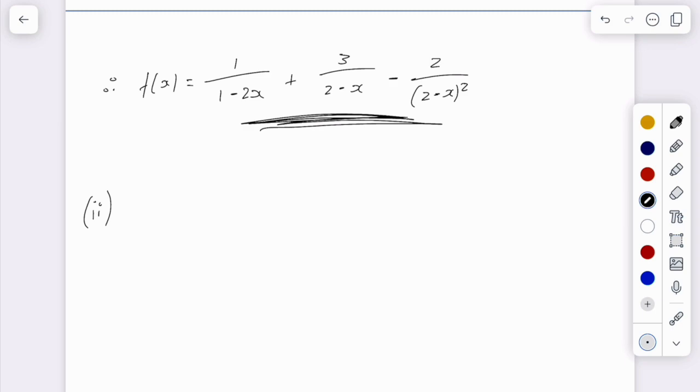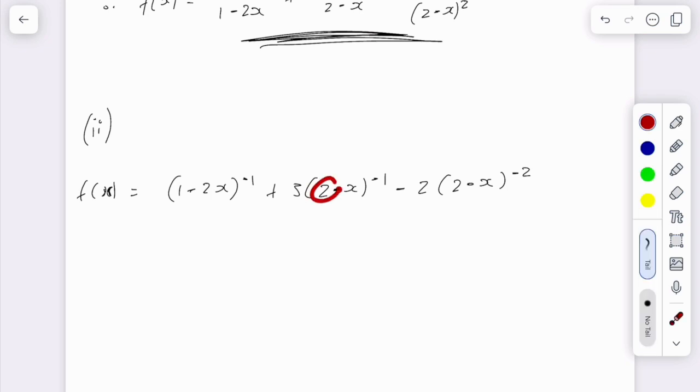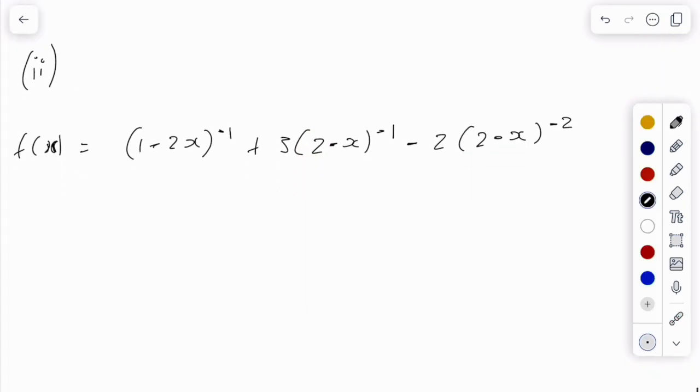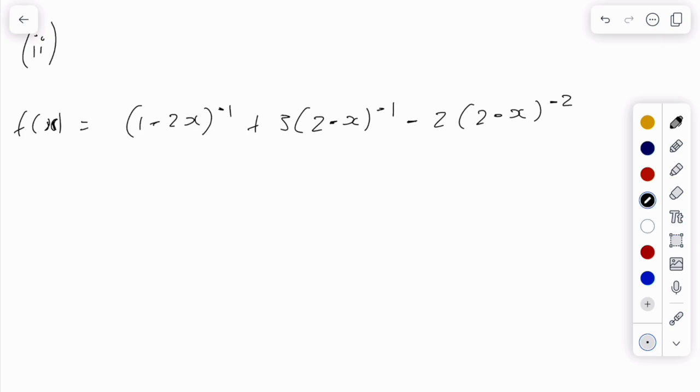What this looks like actually is f(x) equals (1 − 2x)^(−1) plus 3(2 − x)^(−1), minus (2 − x)^(−2). Now, we can't be having the 2's in this form, because we need to get it in the form 1 plus x.